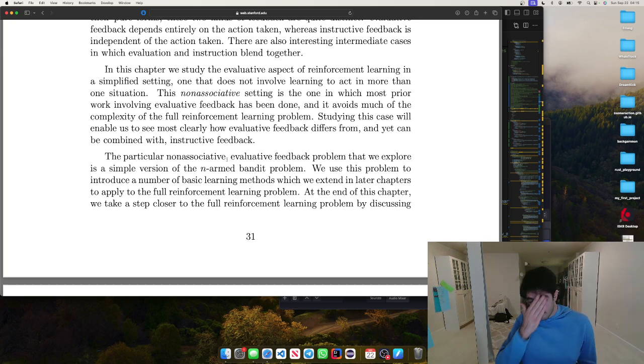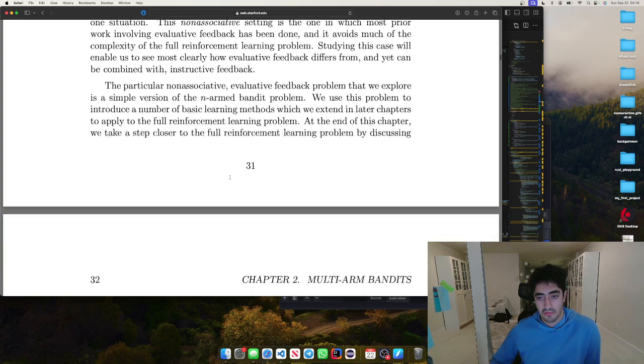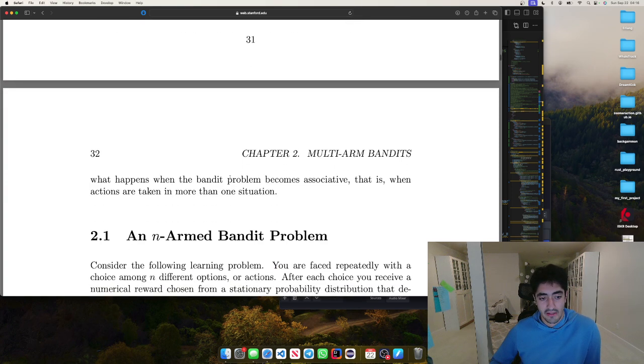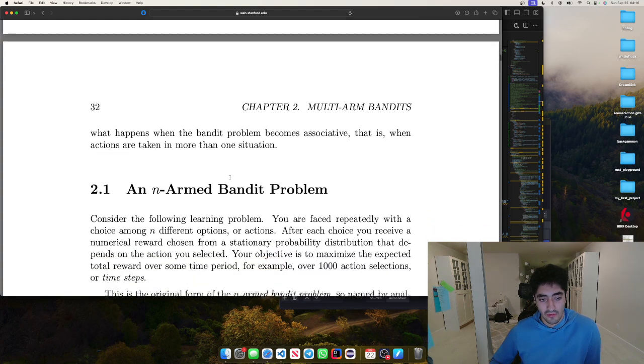We use this problem to introduce a number of basic learning methods, which we extend in later chapters to apply to the full reinforcement learning problem. At the end of this chapter, we take a step closer to the full reinforcement learning problem by discussing what happens when the bandit problem becomes associative, that is, when actions are taken in more than one situation.